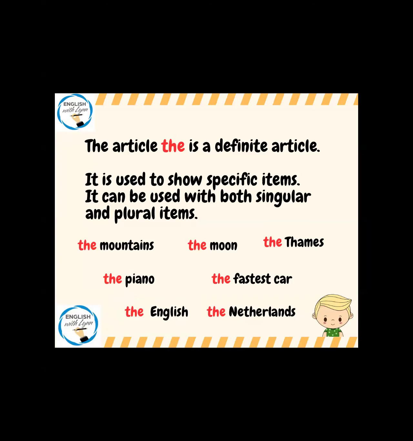And then the next one, and the final reason for the, when we are talking about plural countries, so we live in the United Kingdom, several countries that make up the one place. But if you are speaking about a specific part of the United Kingdom, so I live in England, I wouldn't say the England, I would just say England.